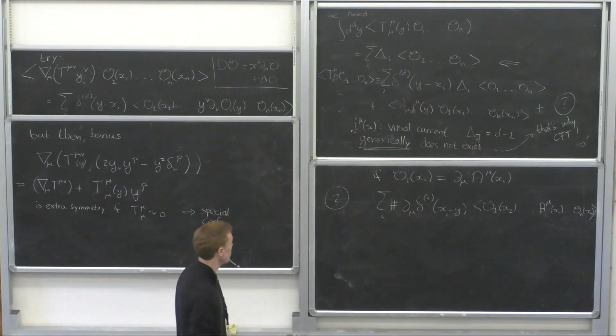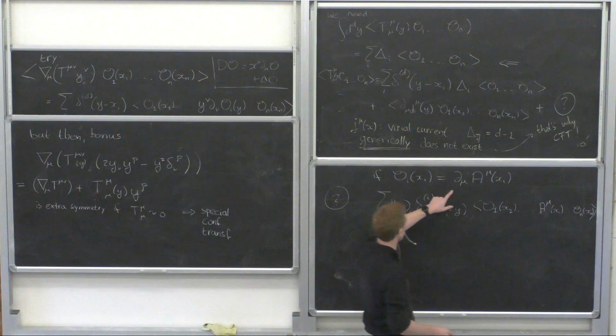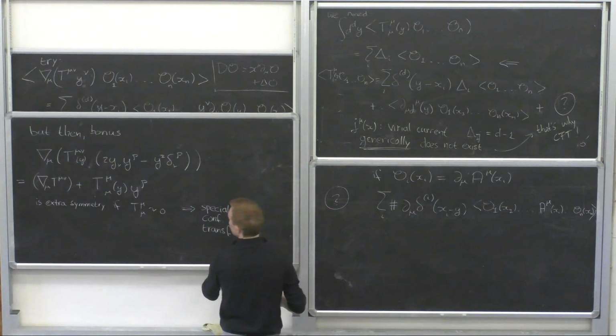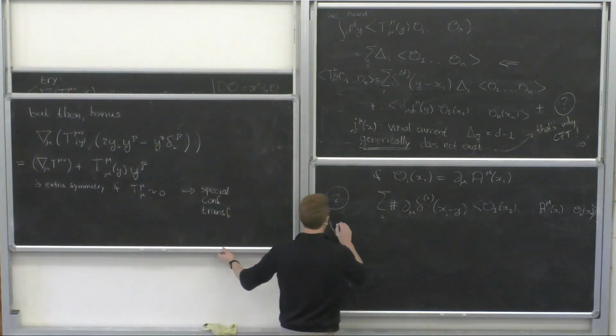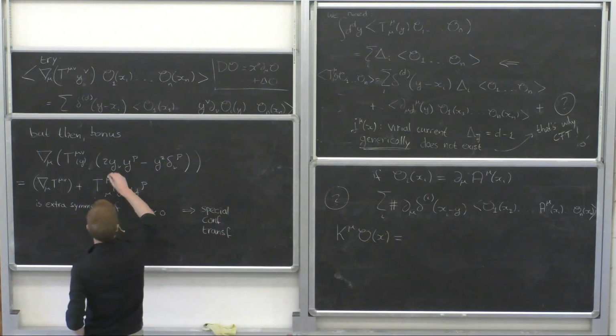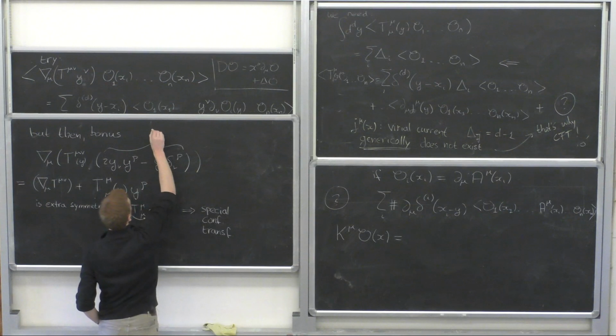So this would be strange because the transformation properties of the operator under this special conformal transformation are then what? So K mu on an operator. Well, what did we have? We had this vector field xi.